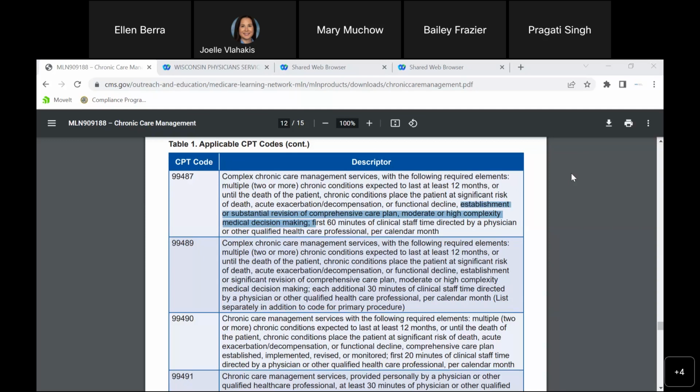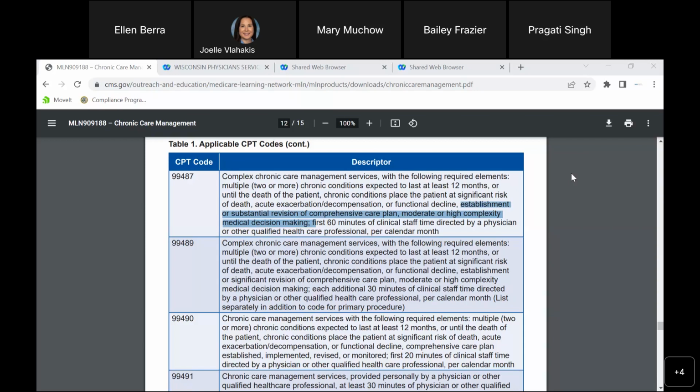Under the primary care exception, there are certain procedure codes that the resident can provide, but the teaching physician can receive reimbursement for. Chronic care management is not under the primary care exception. So the resident cannot be the supervising practitioner. It would have to actually be the teaching physician who is supervising the clinical staff.